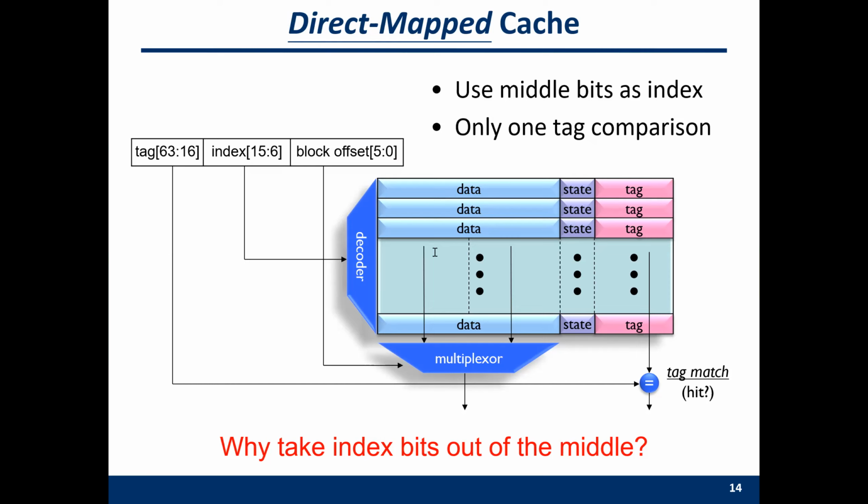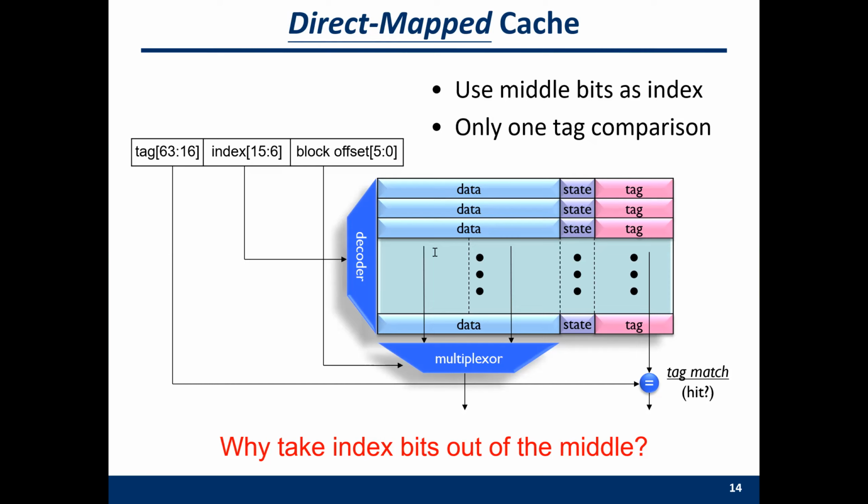So these 9 bits can index how many frames? 512 frames here. So if we exactly follow this bits allocation, then basically in our cache, we will have this many frames here.